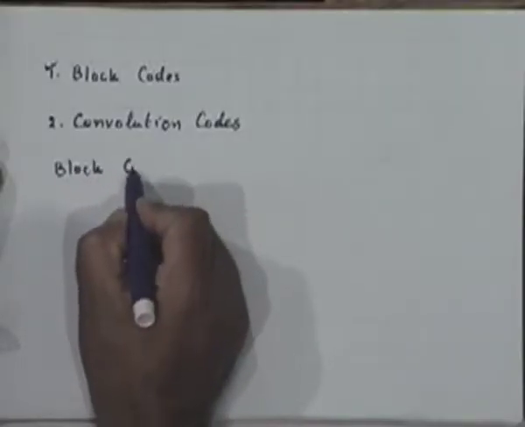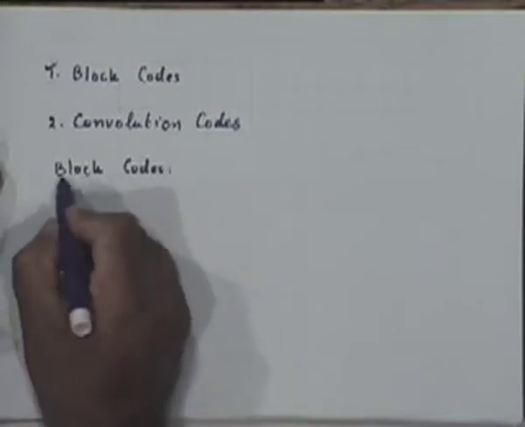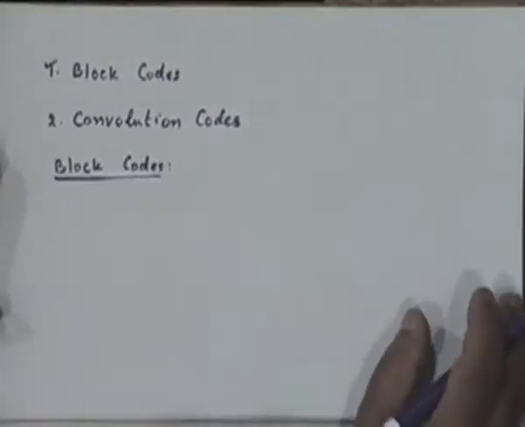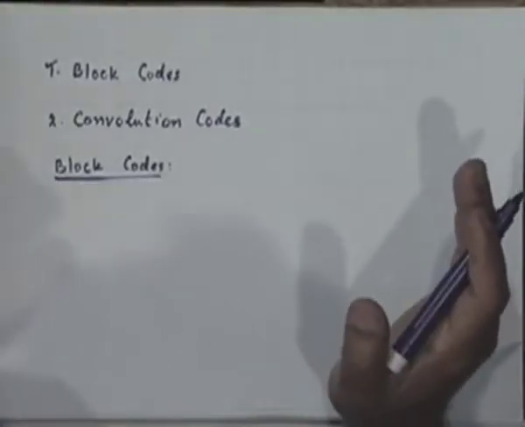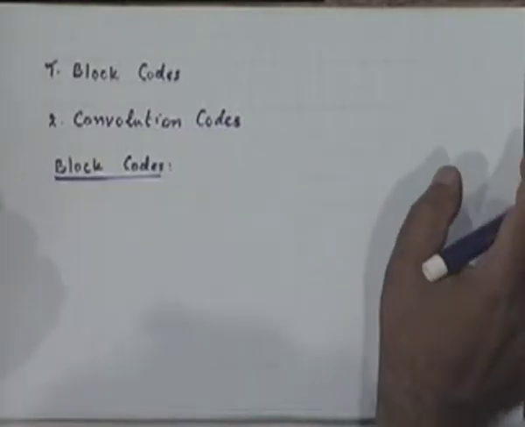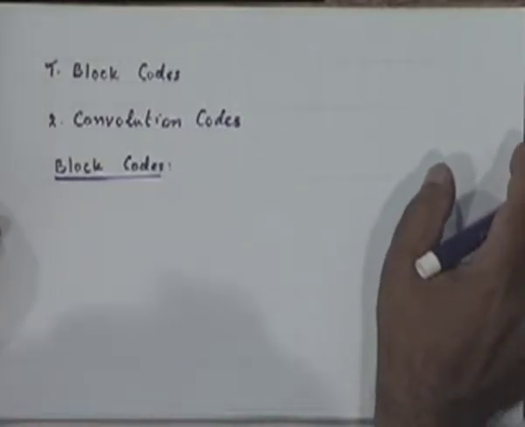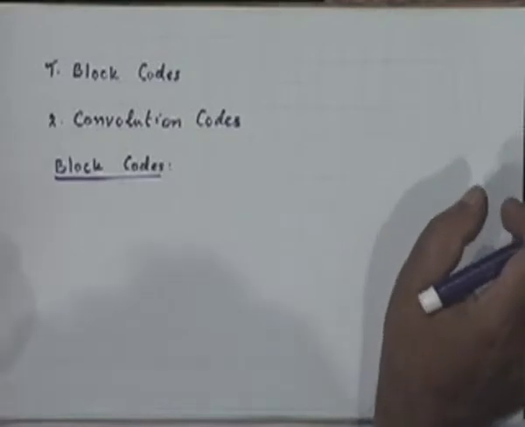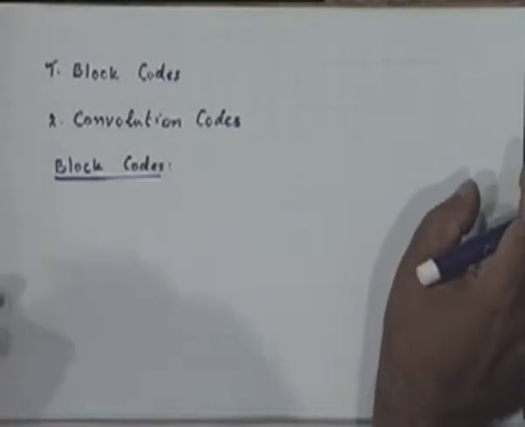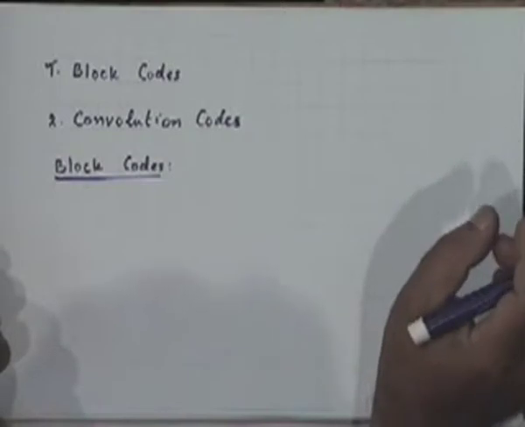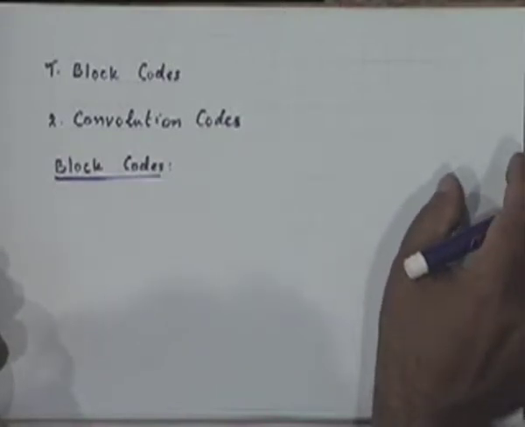where basically your coding is carried out on a block by block basis. If you remember the argument that we used for proving Shannon's concept of channel capacity, that argument was asymptotic in nature, right?